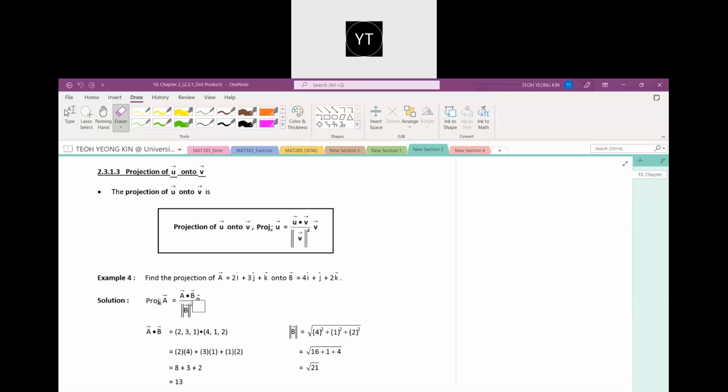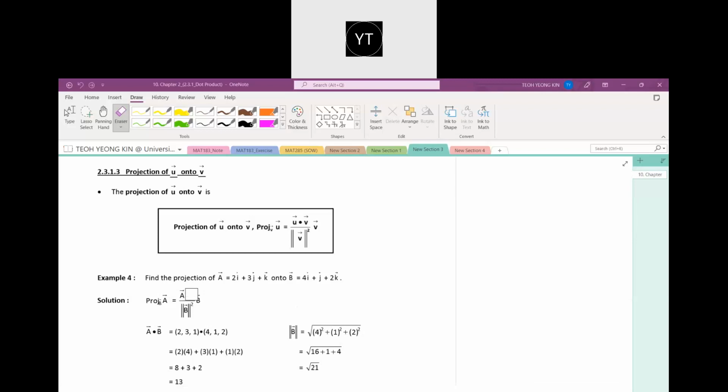First, we try to find the dot product of vector A and vector B. Next, we can find the magnitude of vector B. And then finally, from this output, we will multiply this value with the vector B.